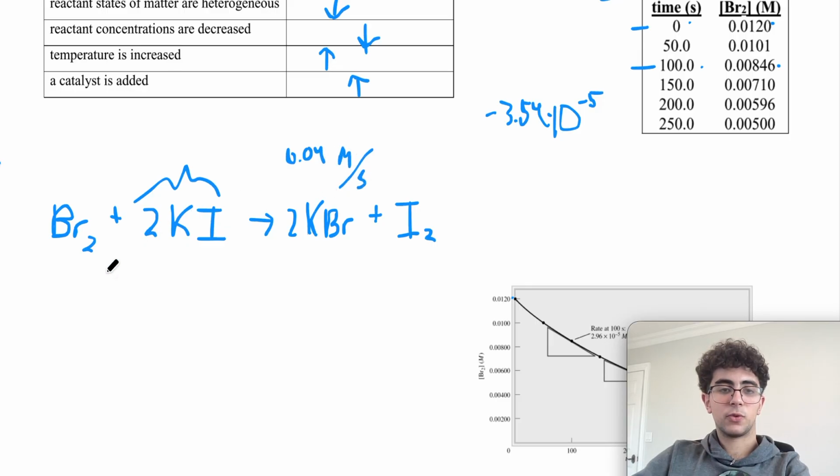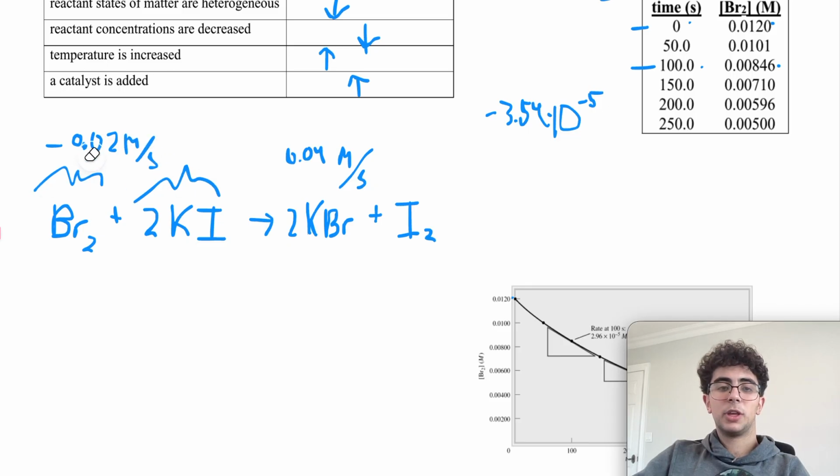What is the rate for Br2? First we know that for KBr, you have to divide by 2 because there's a coefficient of 2. Divide this by 2, you'll get 0.02. And then Br2 is a reactant, so it's going to need that negative sign because it's getting used up. Negative 0.02 M per s.